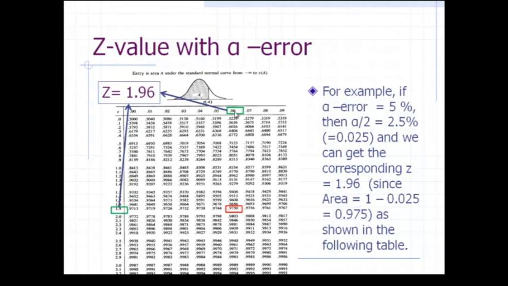It's 6. Therefore, the z-value we are looking for is z equals 1.96. That is how to find the z-value given alpha error. So now we have a big picture, a general form of control limits and process control charts. So it's time to look at each control chart, like the X bar chart, R chart, and P chart, more specifically.